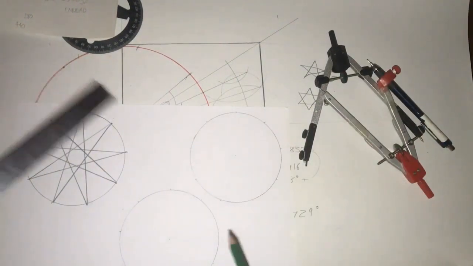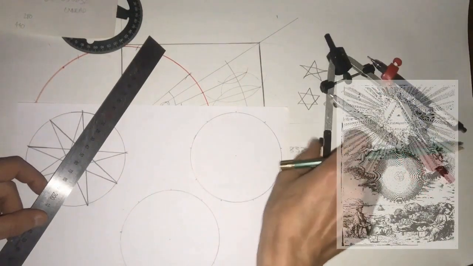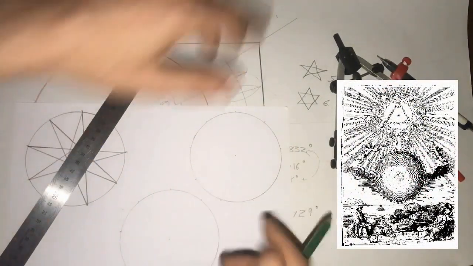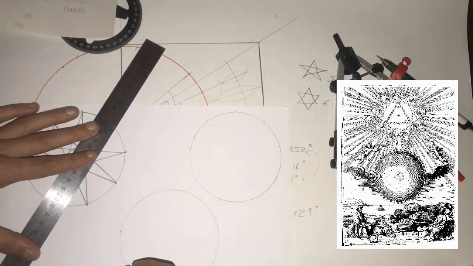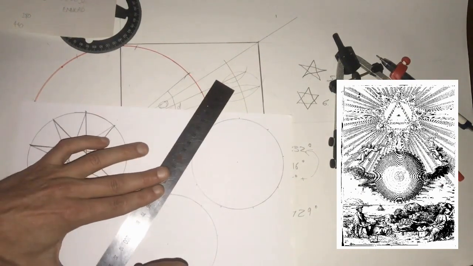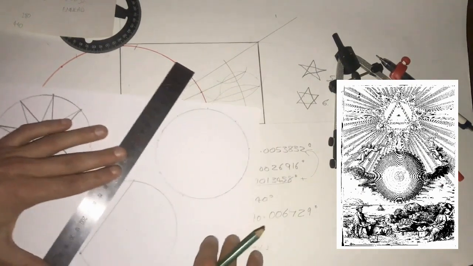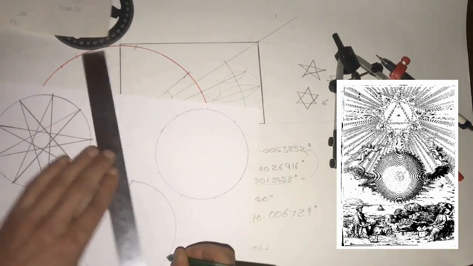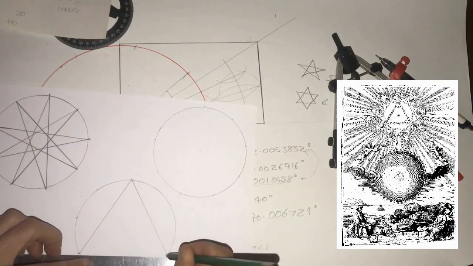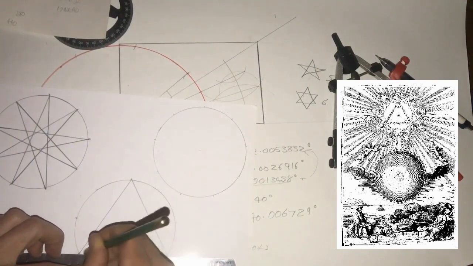But the interesting thing about the nonagon is you can also create a series of overlapping equilateral triangles, and I'll put an image of Kircher here to show you what I mean. So if I start at 1 point and I skip 1, 2, and then I go to the third, skip 1, 2, go to the third, and then come back, now we have an equilateral triangle.